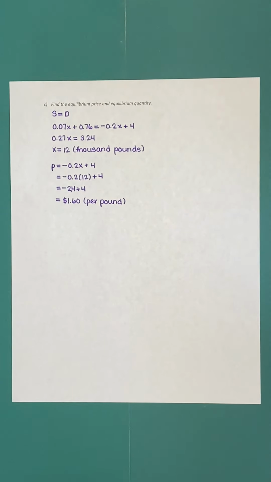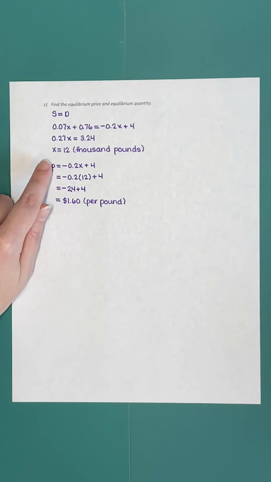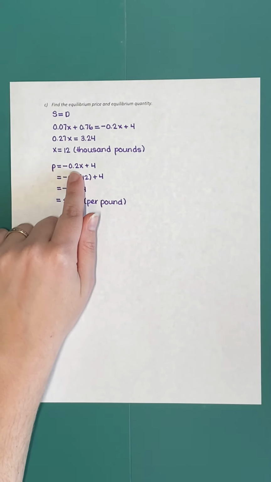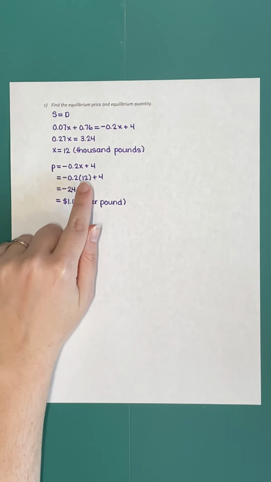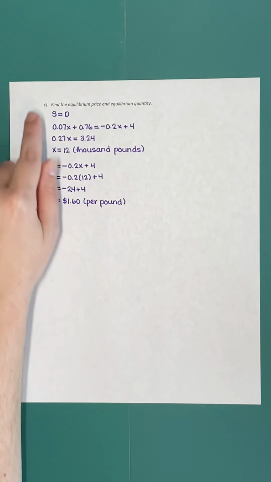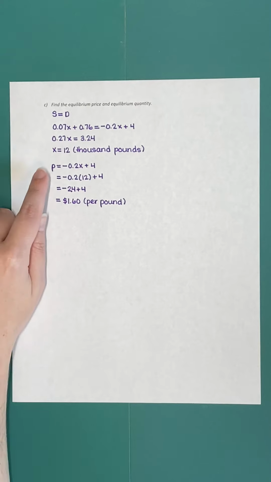I think I picked the second one. Yep. So P is equal to negative 0.2x plus 4. That represents our demand. Remember, demand and supply are equal here though, so whatever x value works here also will work in the supply equation.